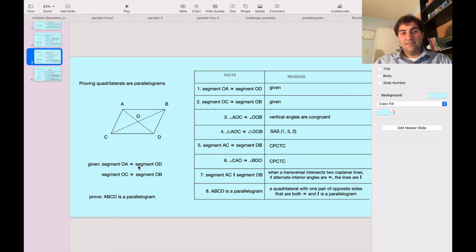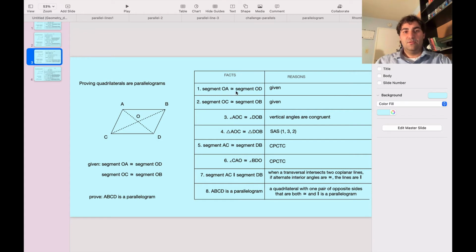So if we have this given information, where this point O splits both of these diagonals into two congruent segments, then this is the midpoint, right? So in other words, we're going to prove that if the diagonals of a quadrilateral bisect each other, then that quadrilateral is a parallelogram.